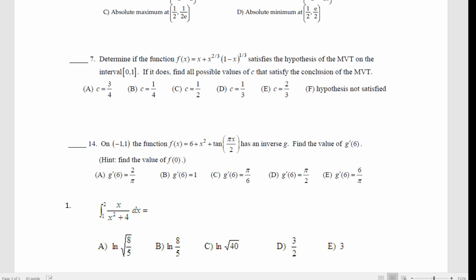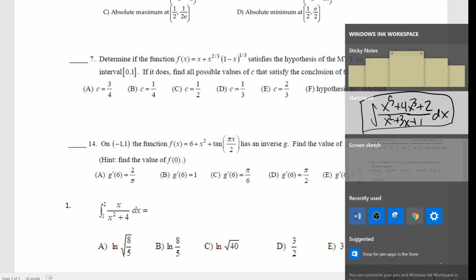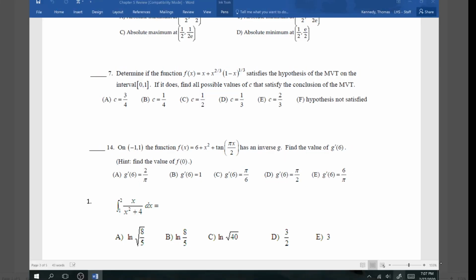For mean value theorem, you always have to do y2 minus y1 over x2 minus x1. So I need to find these parts. Because mean value theorem, if you don't remember, is average slope equals derivative. That's the mean value theorem.